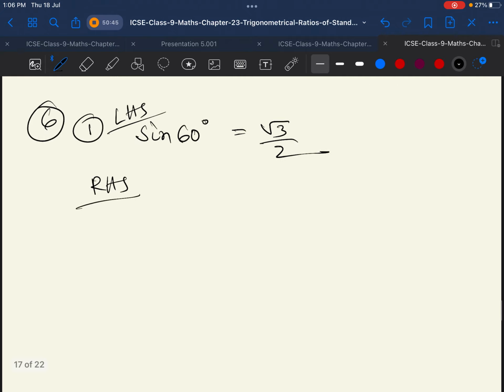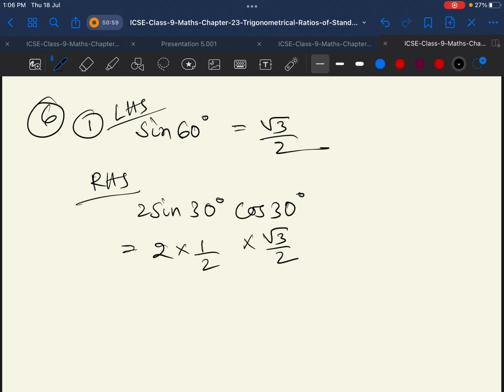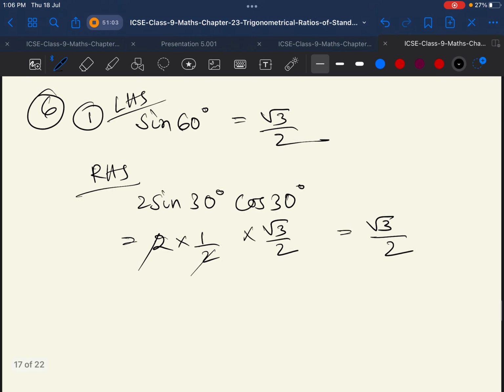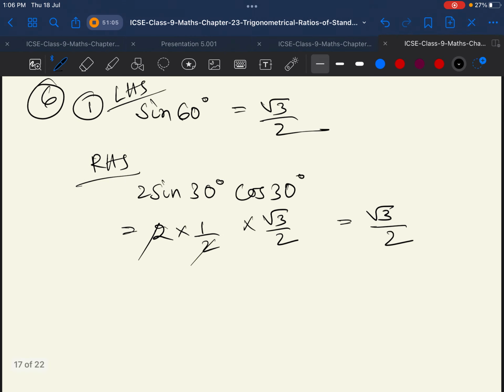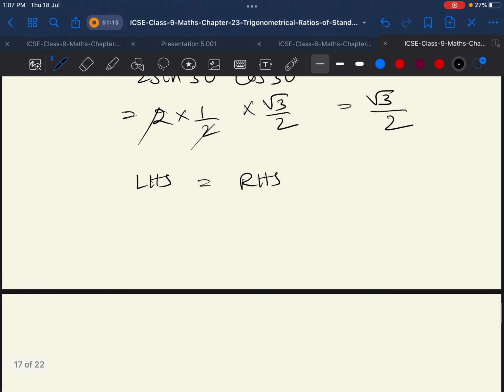Now the right hand side is 2 sin 30 cos 30. So sin 30 we know is 1 by 2, cos 30 is root 3 by 2. 2 cancels, so we will get root 3 by 2. So left hand side and right hand side are equal. So we can write left hand side equals right hand side.